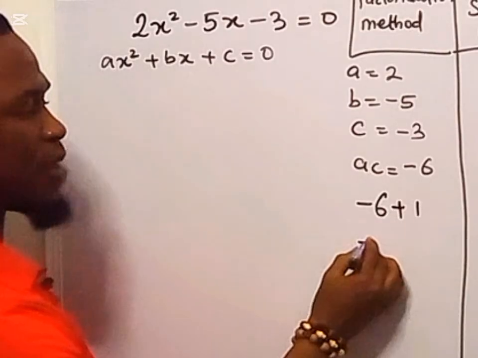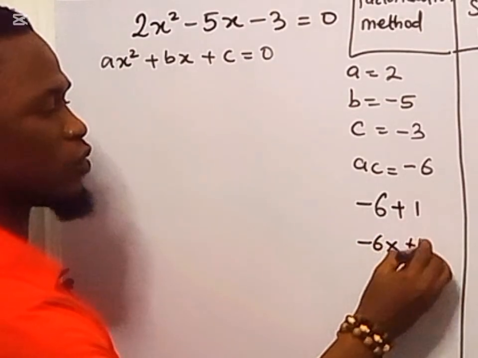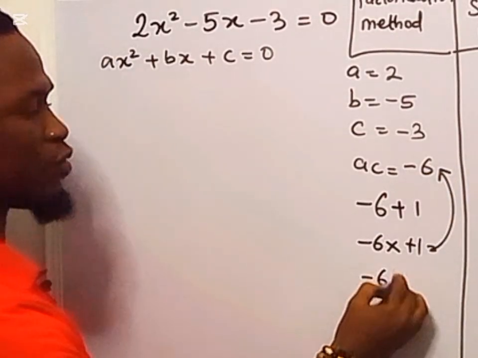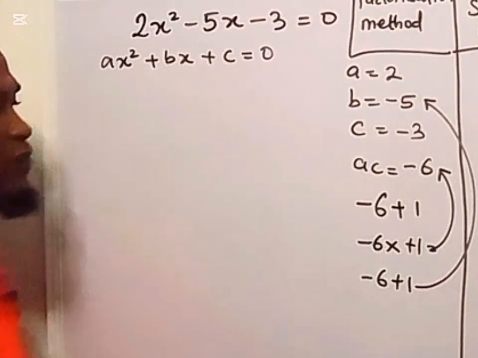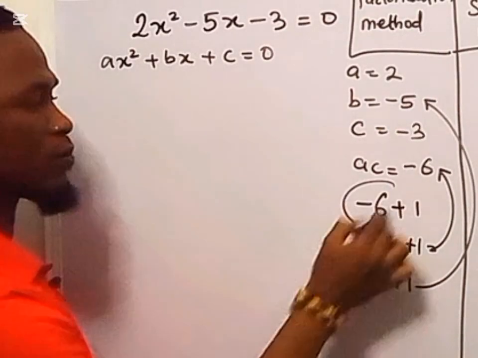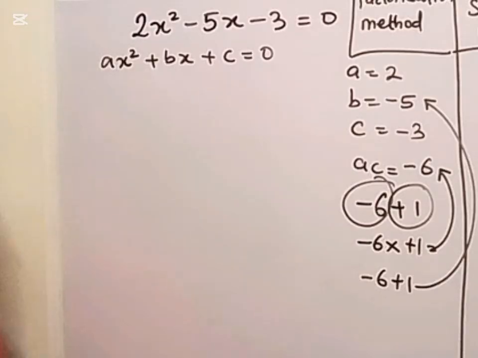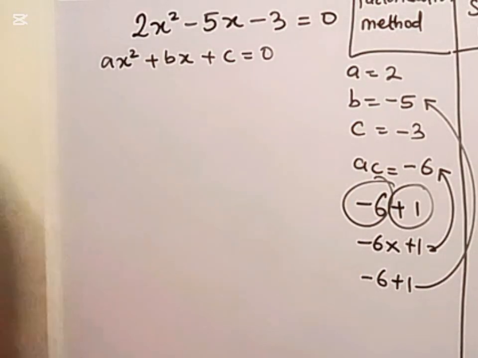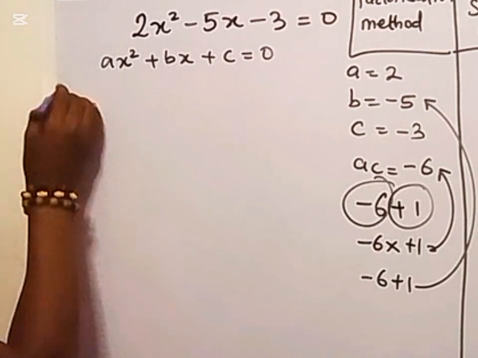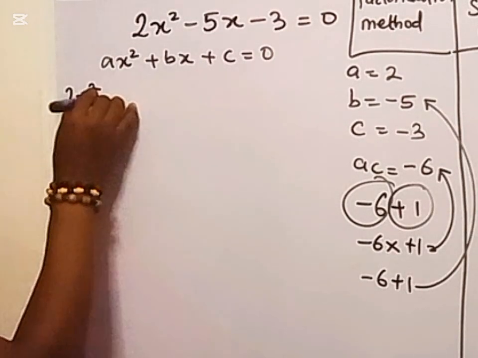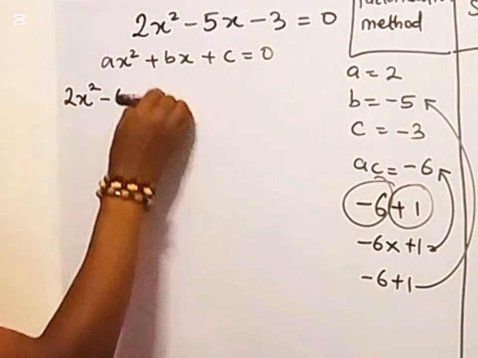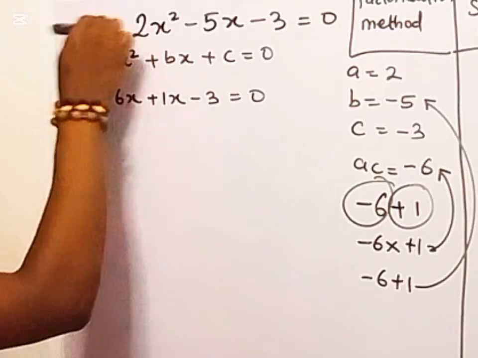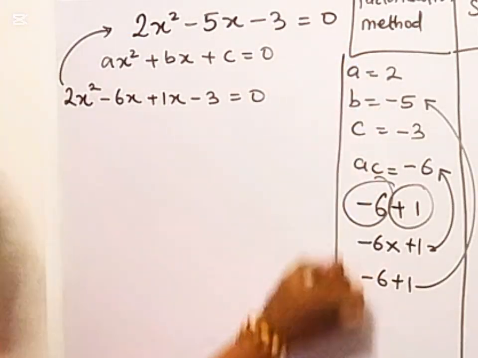Why? Because if I do minus 6 times plus 1, I will have minus 6, and if I do minus 6 plus 1, I will have minus 5. So these two factors are valid. So I can replace minus 5 with minus 6 and plus 1, like this. I can easily do 2x squared minus 6x plus 1x minus 3 equals 0. So this is my new equation.